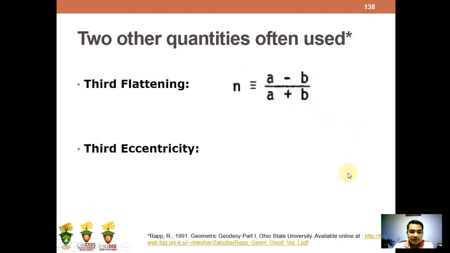And we have also the third eccentricity, denoted as small letter m. It has the same form as the third flattening, but everything is squared. So m is equal to a squared minus b squared all over a squared plus b squared.